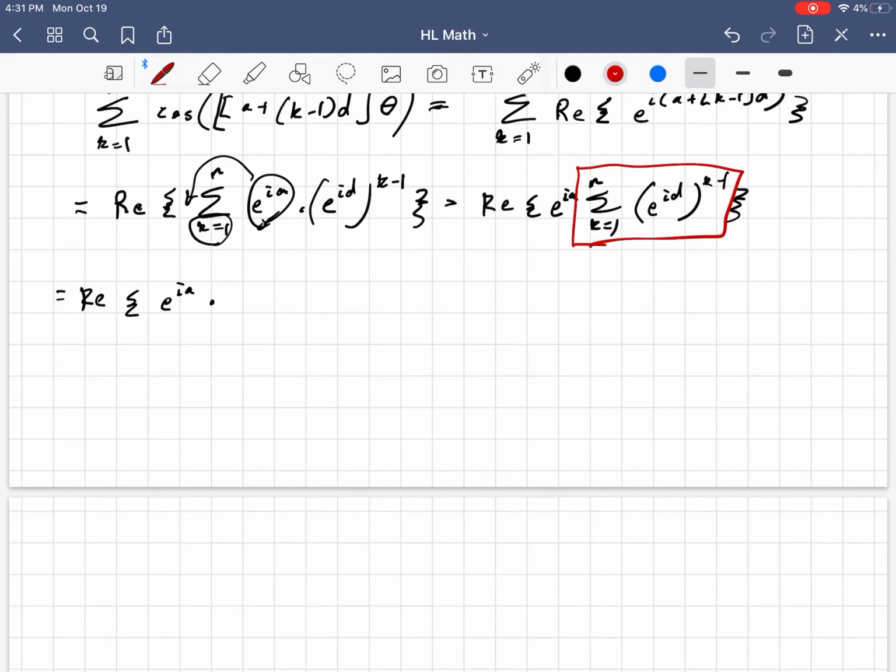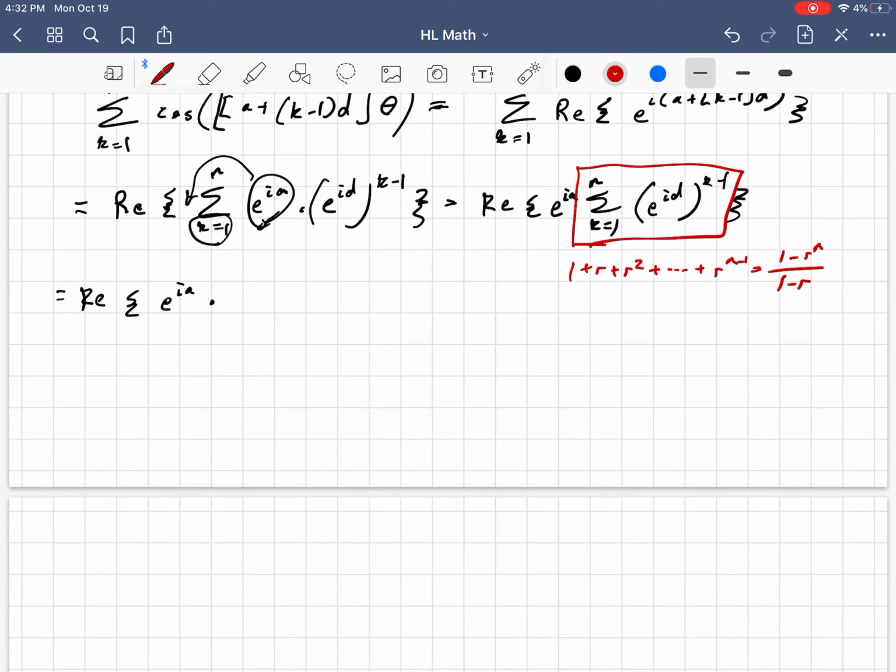So recall, and this was actually one of the exercises on the previous part, it was to show that 1 plus r plus r squared plus ... plus r to the n minus 1 is equal to 1 minus r to the n over 1 minus r.